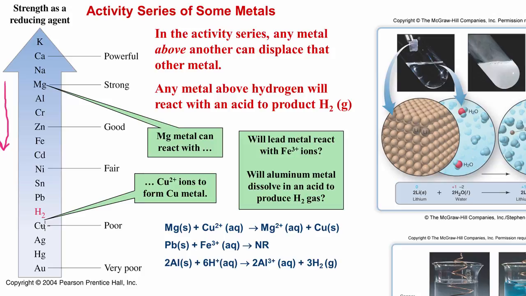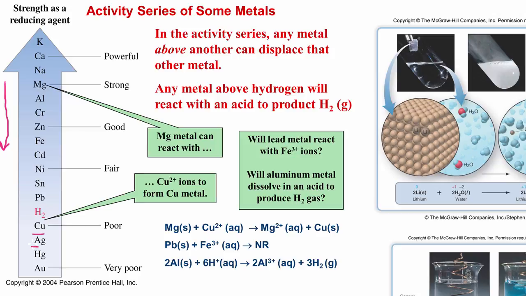So we can use our activity series to predict the products of reactions between metals and metal salts, or metals and acid. Any metal on this list can be oxidized by the ions of the elements below it. Copper metal can be oxidized by silver ions.